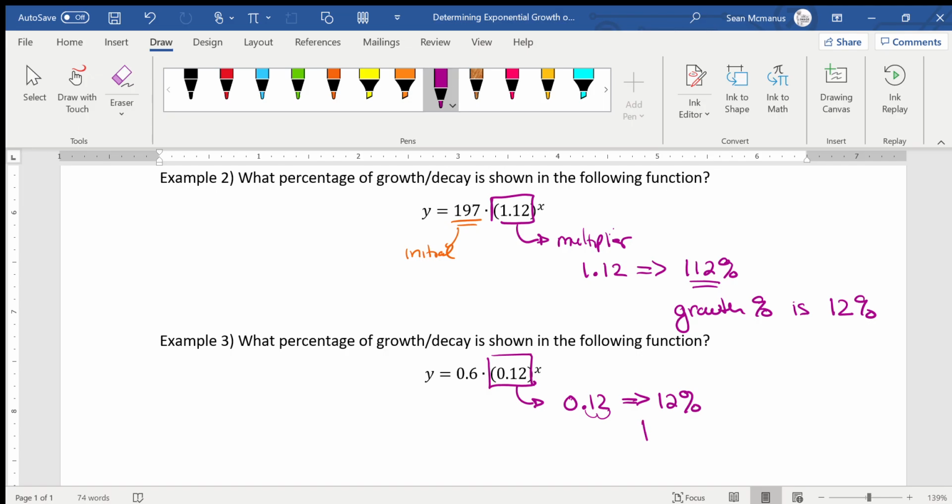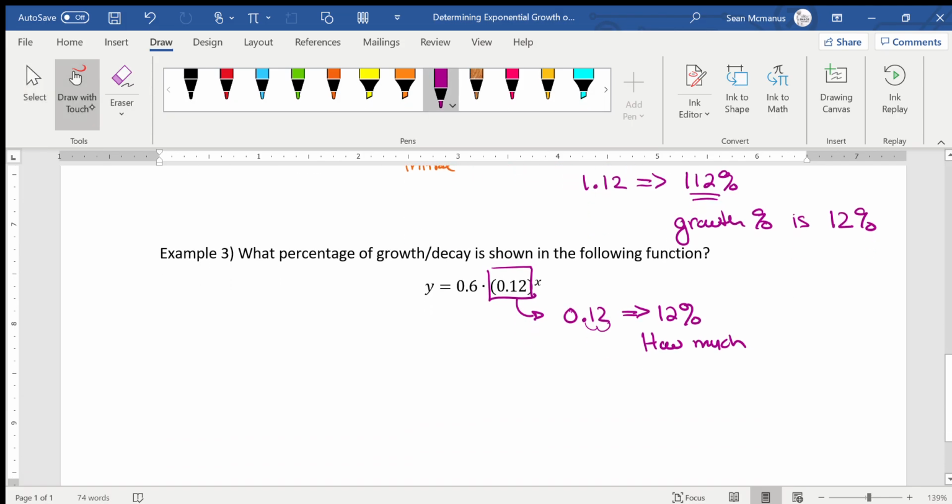Then I'm going to ask myself, how much above or below 100% am I? So this 12% is 88% below 100.